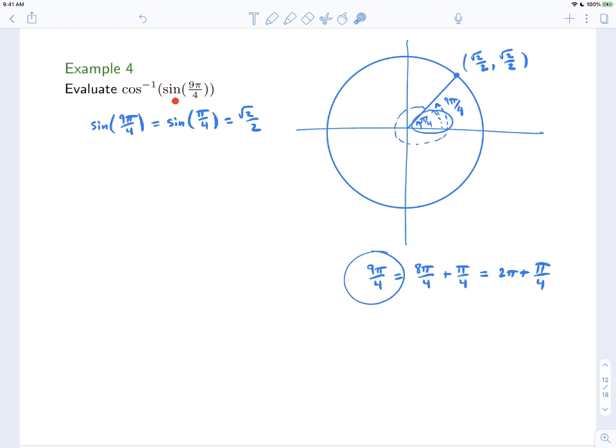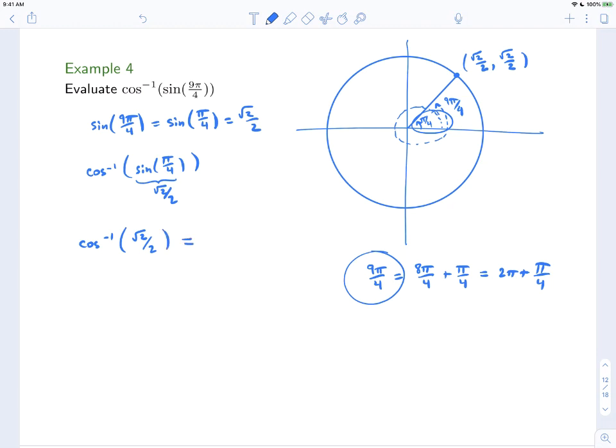But we found that sine of 9 pi over 4 was equal to the square root of 2 over 2. So what we're trying to compute then is cosine inverse of sine of pi over 4. But we saw that this was equal to the square root of 2 over 2. So we want to find cosine inverse of square root of 2 over 2.